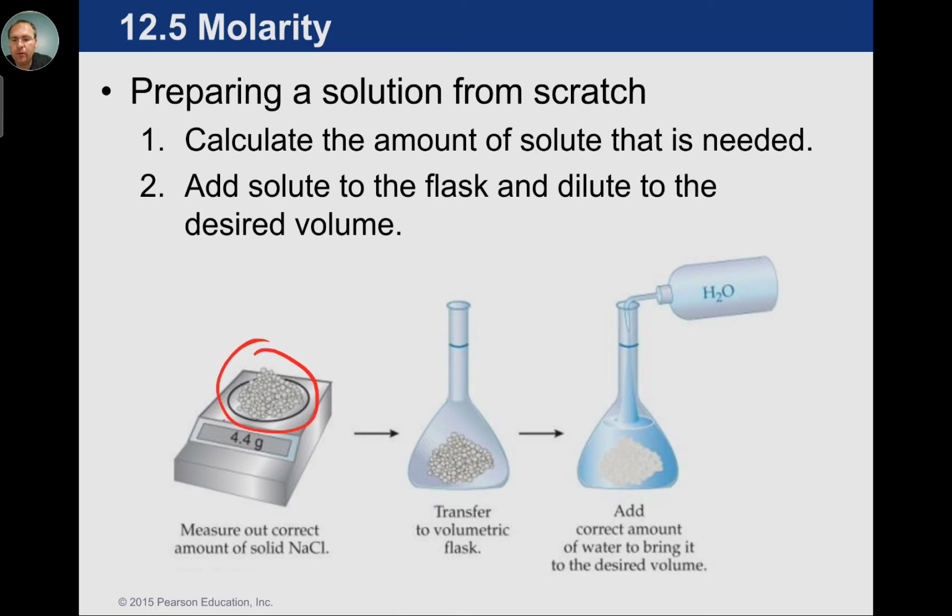We need to know how much, that's stoichiometry. If we know how much, we can put it into water and then dilute it to some volume. And that'll tell us, based on grams, we can go to moles, based on the periodic table. And then we can look at volume of the solution, and that's just moles over volume of solution. That's molarity. That's the capital M that we put on that bottle when we're done.